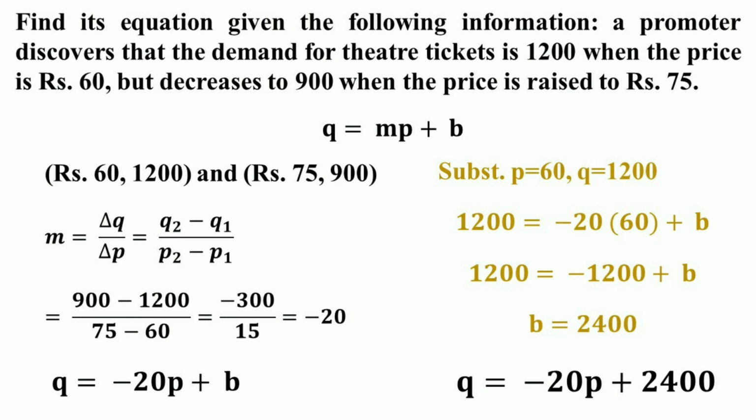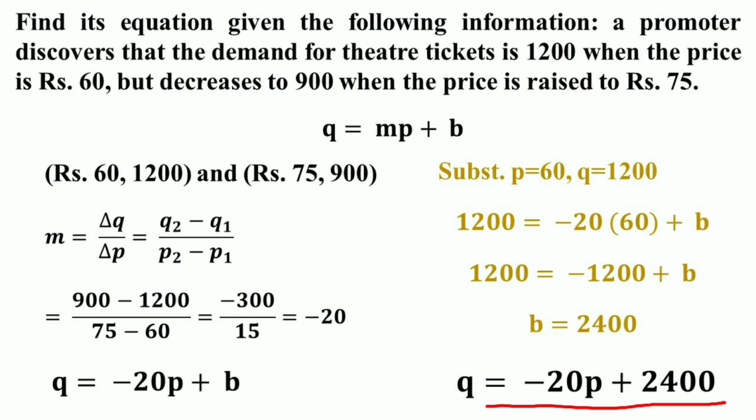Taking the 1200 to the left hand side, it becomes 1200 plus 1200, which is equal to b, which is equal to 2400. So we received the value of slope, which is minus 20, and the y-intercept, term b, is equal to 2400. Then the equation of the demand line is q is equal to minus 20p plus 2400.